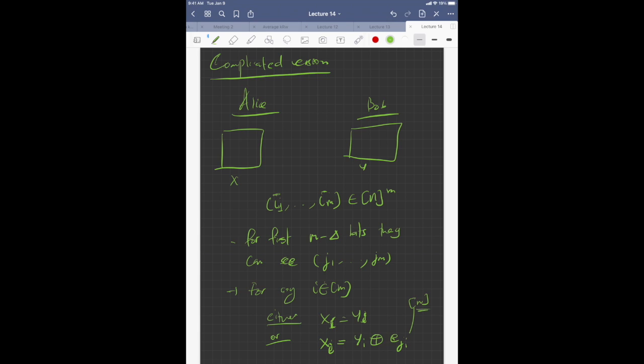This is a very strong restriction, because in the traditional two-party communication model, Alice and Bob are unbounded computationally, memory-wise, and everything, so they could just write down this j1 to jm and then proceed. But here we don't let them do that, so we assume that they can see these j1 to jm values only in the first stage, and after the first stage they forget what this is.